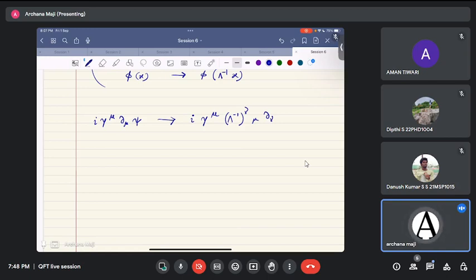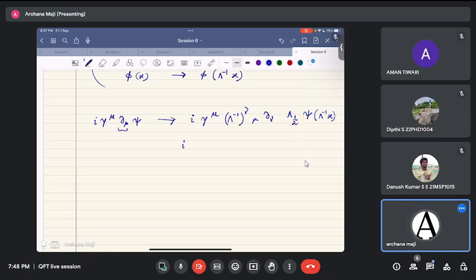So this is the transformation of this del_mu, and then psi would transform as lambda half psi(lambda inverse x). Okay, now this del_mu doesn't act on this matrix, so we can take that matrix to the left.